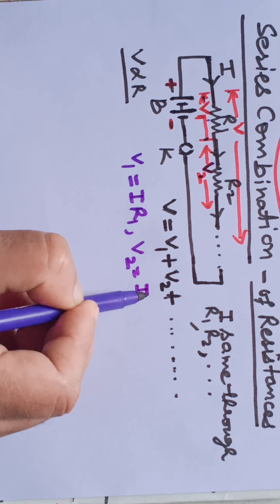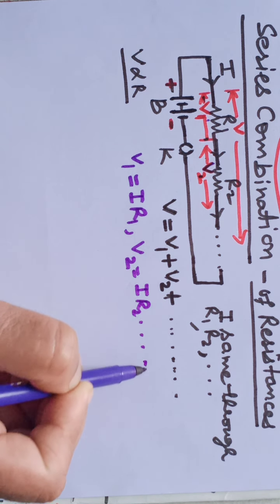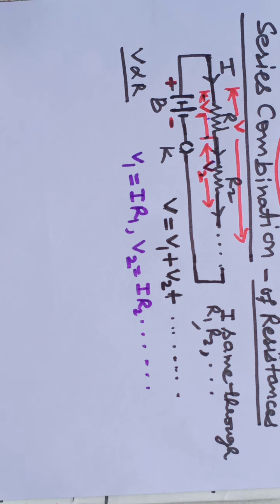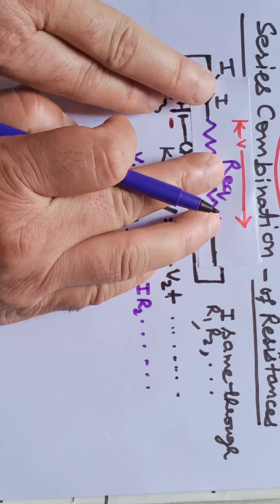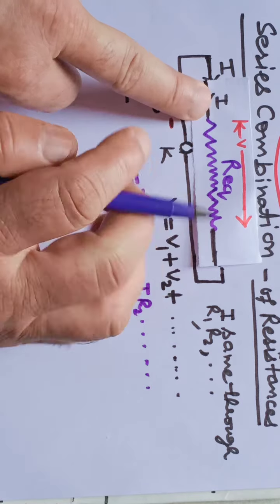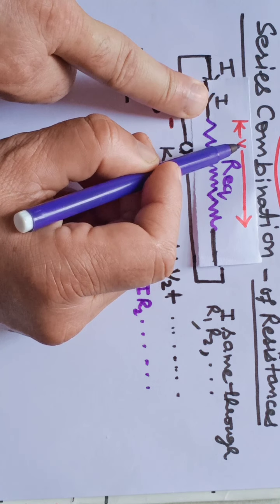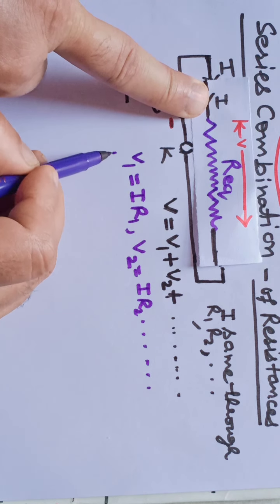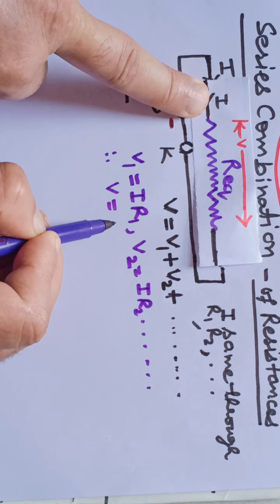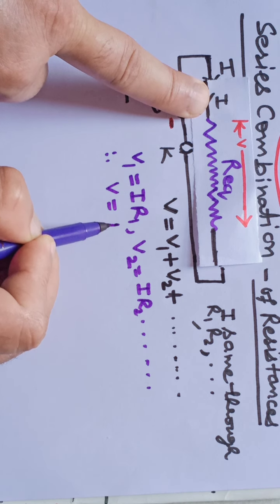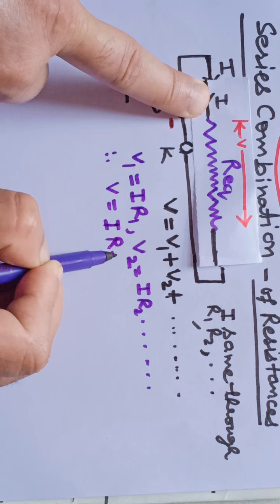So V2 is I into R2 and so on. And for equivalent resistance, the current is I again and voltage is V. Therefore, V is equal to I into R equivalent.